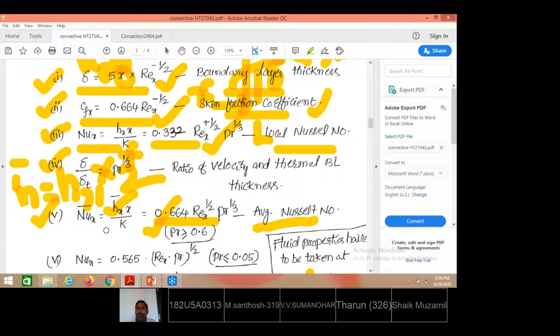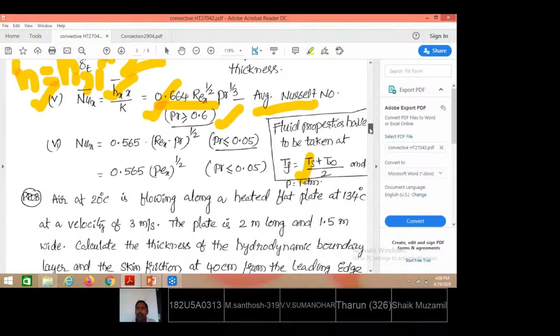When is this Nusselt number to be used? When the Prandtl number values are greater than or equal to 0.6, starting from 0.6 and more, you need to use this relation, which is also available in the data book.